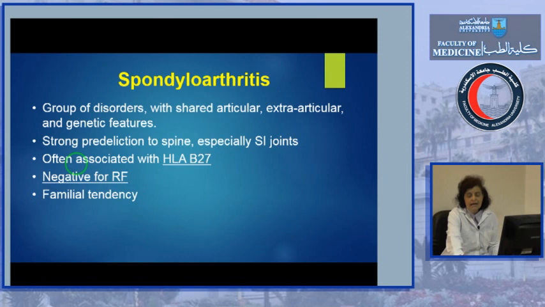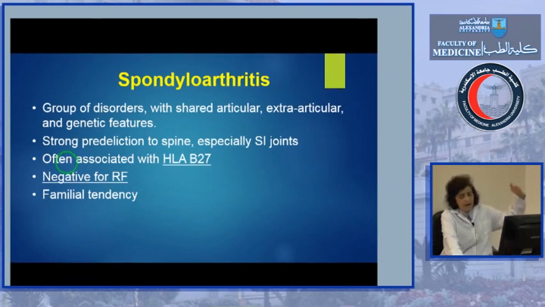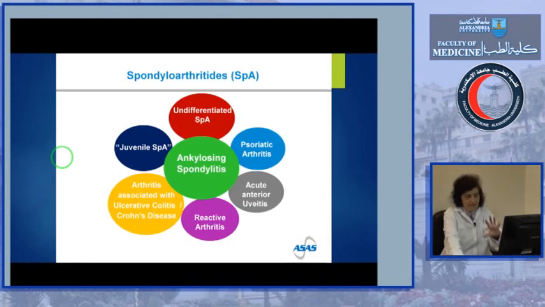That is why we get sacroiliitis, and that will be the cause of the low back pain that we will be hearing about in a couple of minutes. Often there is association with HLA-B27. These patients are negative for rheumatoid factor, and that is why we had the old name seronegative, and there is a family tendency. So these are the group of diseases that we have.